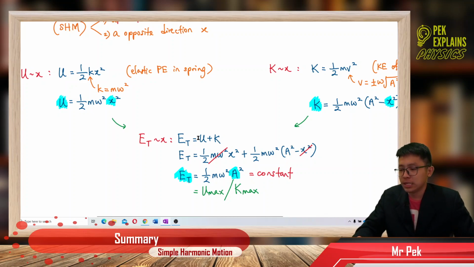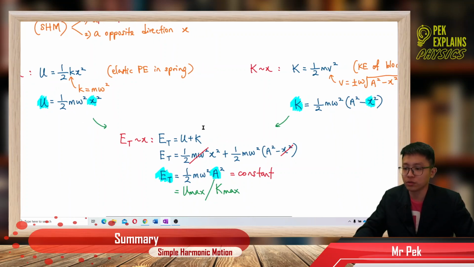Now we substitute the elastic potential energy formula and the kinetic energy formula inside here. So total energy is U plus K, and we get this. You see, this one has x square and this one has negative x square.